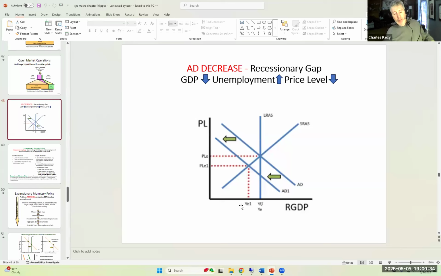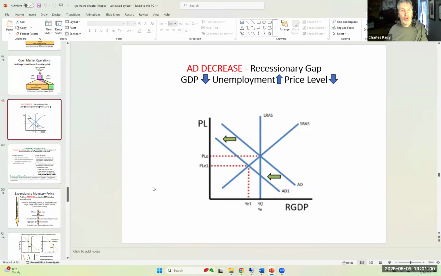Cyclical unemployment. Definitely not worried about price level because inflation is not the problem. Aggregate price levels actually come down some. Now we learned that, yeah, the federal government could cut taxes, increase government spending, increase transfer payments. That would definitely do some good for the economy to get us back towards our full employment goal.